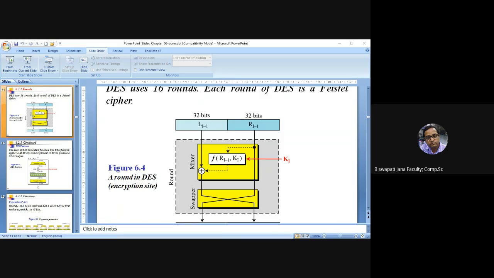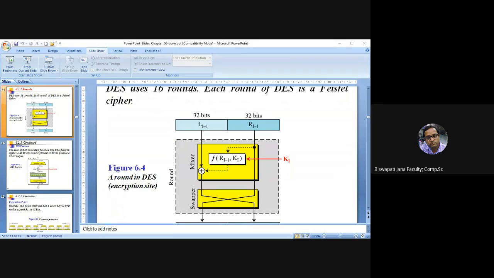So in this way we can generate 6-bit data from 4 bits. Then what will happen? 6 times 8 is 48. So 48-bit data we can generate from this 32-bit block. So this is the first one, the expansion P box.